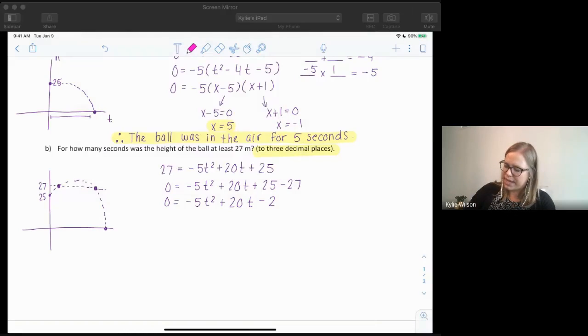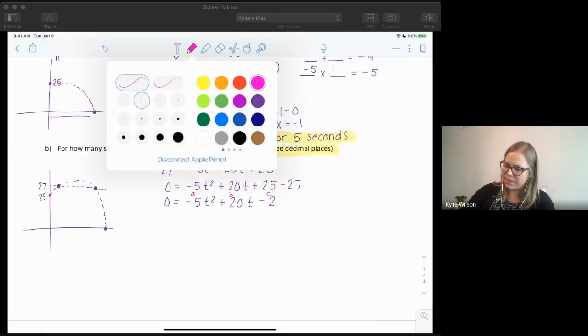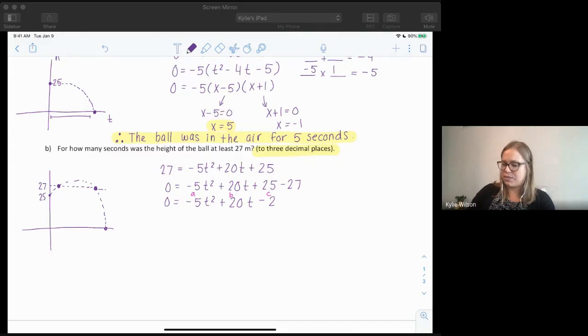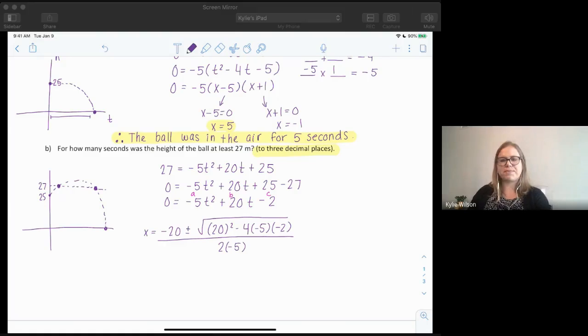Let's start by identifying our A, B, and C, and then plugging it right into the formula. So we have x equals negative b plus or minus the square root of b squared minus 4ac all over 2a, like this.